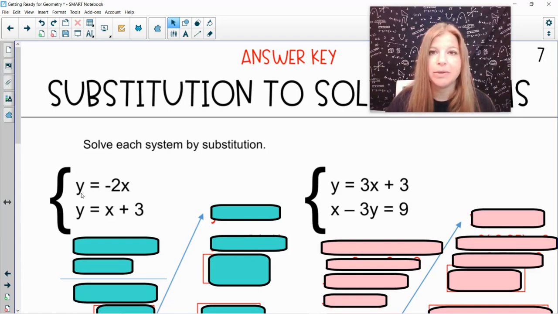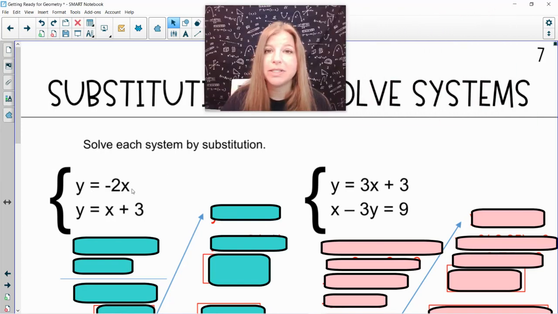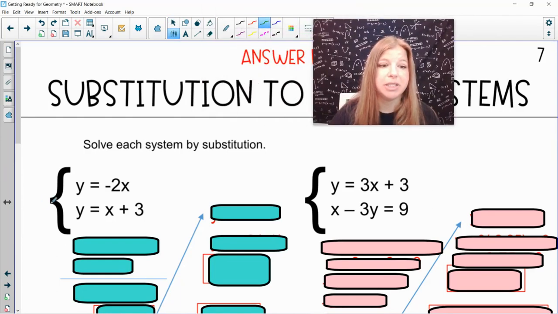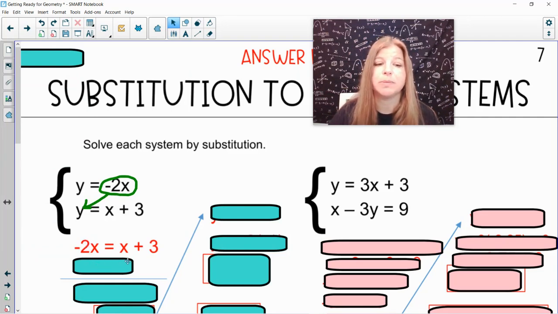So the first one, y equals negative 2x and y equals x plus 3. Both of these equations are set equal to y, which is fantastic. What this means is that the expression negative 2x is going to get substituted in for y in the other equation. So this now becomes negative 2x equals x plus 3.